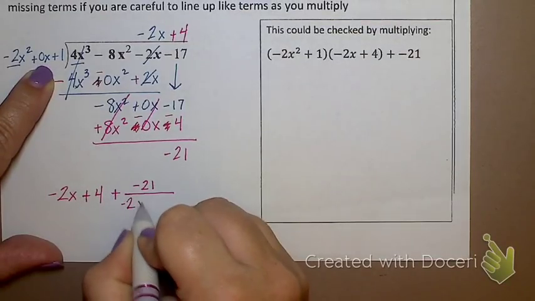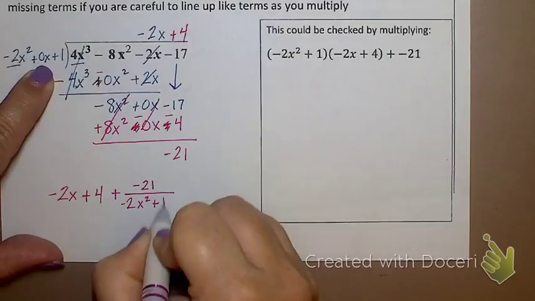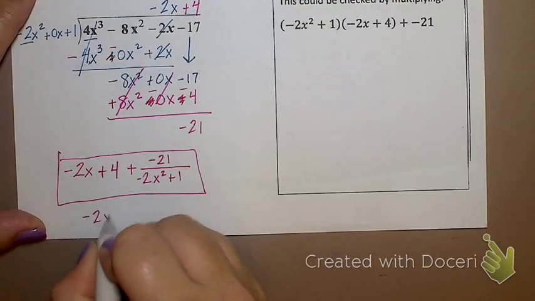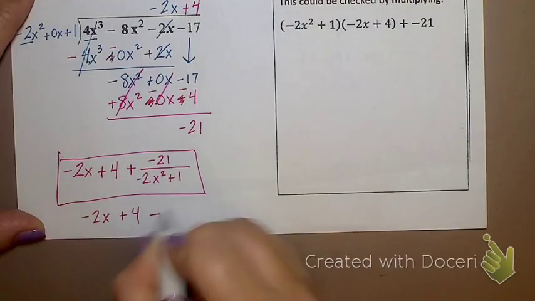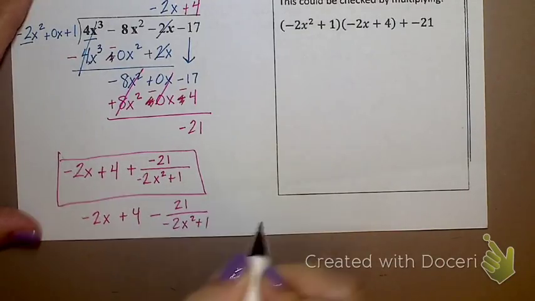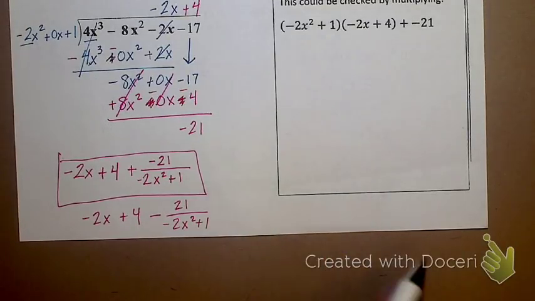Negative 2x squared plus 1. So you could write it like that, or you could write negative 2x plus 4 minus 21 over negative 2x squared plus 1. Either way. Okay. This is the way it's probably easiest to not make mistakes on, is to just always put a plus there.